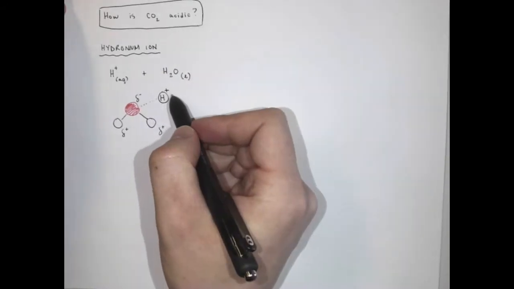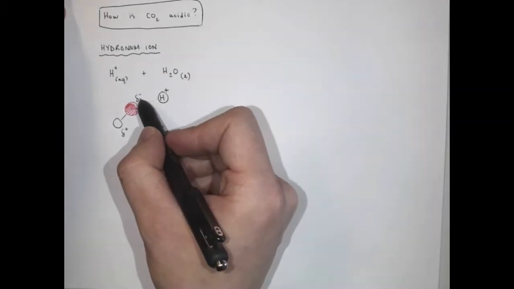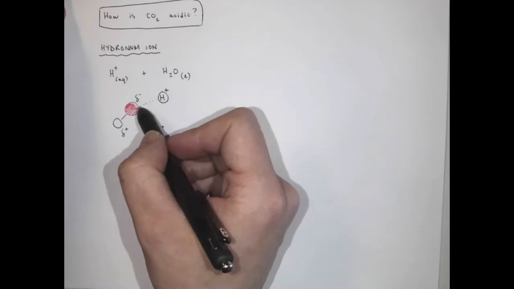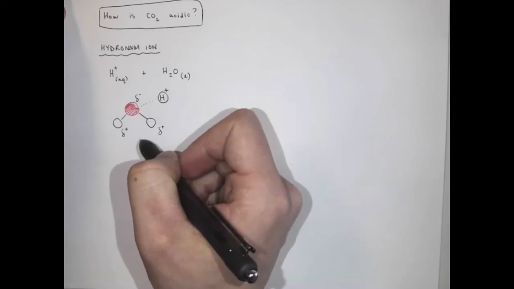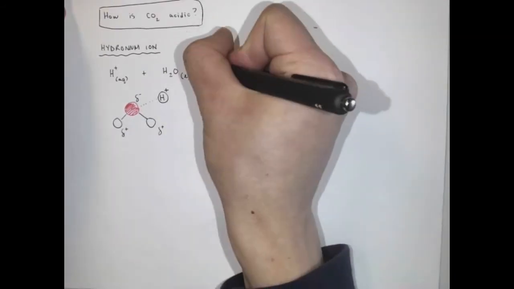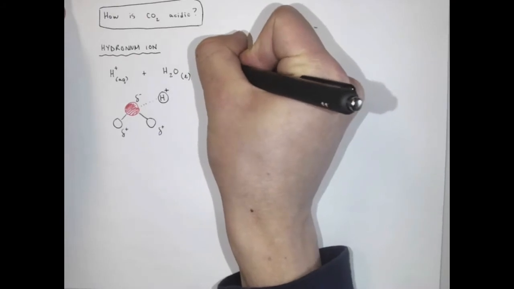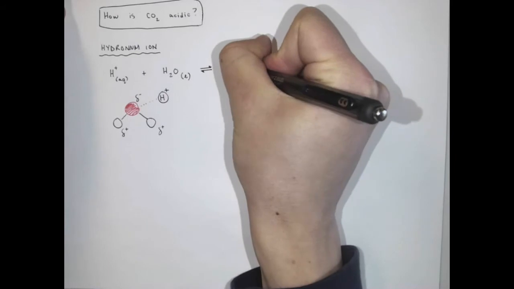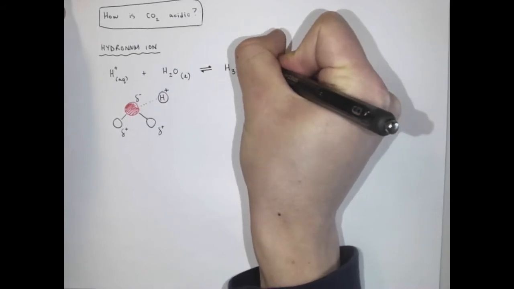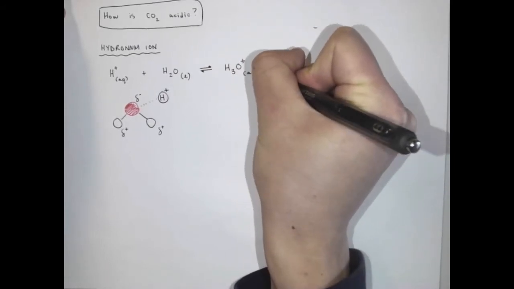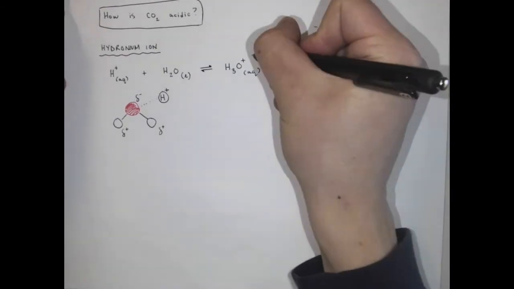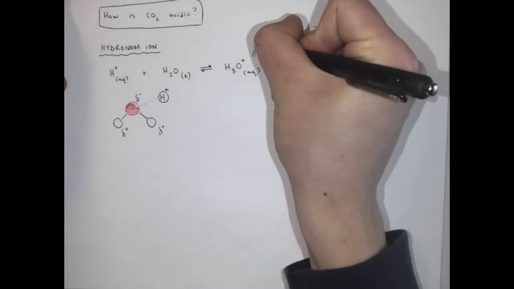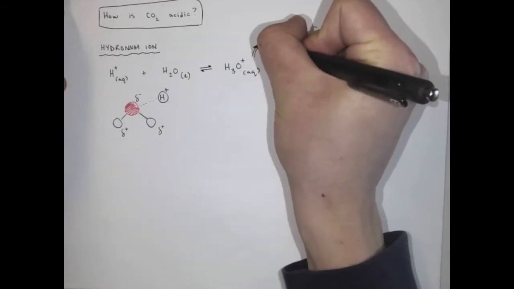This has a full positive charge and there's a slightly negative charge on the oxygen of the water molecule. And what we actually see happen is the formation of a hydronium ion, and this is what we call a hydronium ion.